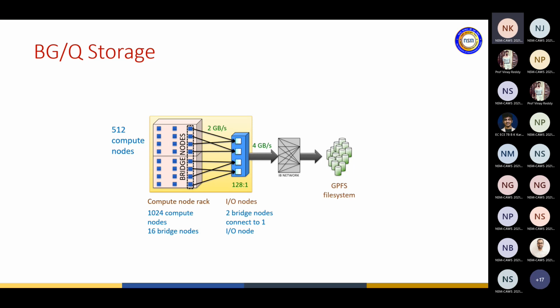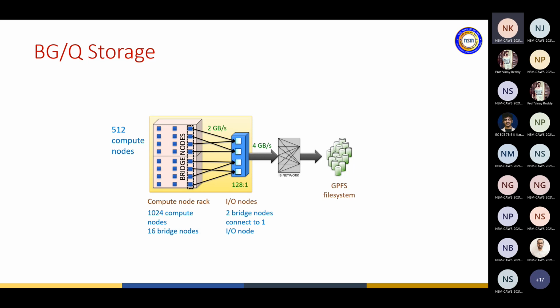For 1024, which is one rack, one rack has 1K compute nodes. There are 16 nodes which are the IO forwarding nodes, connected to this IO node. They are called bridge nodes, and two bridge nodes connect to one IO node. Anyway, exact details are not important.